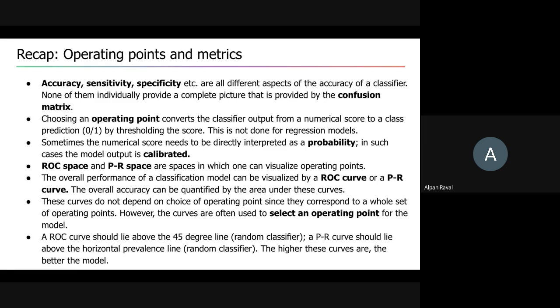We also discussed that the ROC curve should lie above the 45-degree line, which would correspond to a random classifier. And similarly, the PR curve should lie above the horizontal line corresponding to the prevalence, which is also what a random classifier would output. Generally, the higher these curves are, the better the model is. That's the overall interpretation.